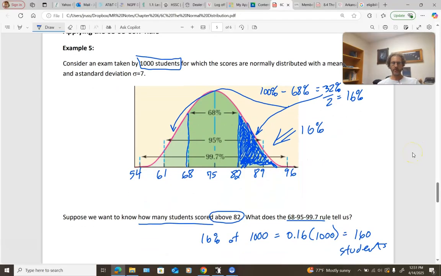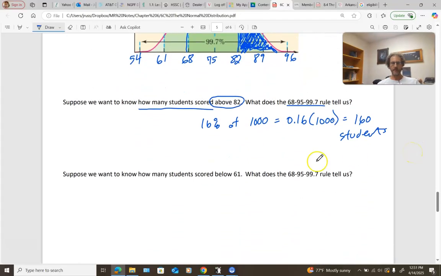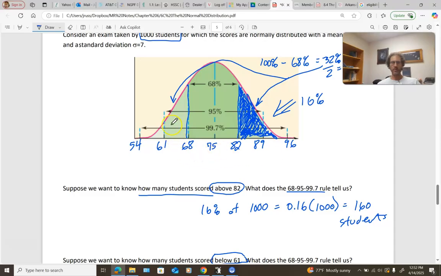All right, there's a second part to this question. Suppose we want to know how many students scored below 61. Okay? Well, we're going to have to do something very similar, guys. Below 61 would be right here and to the left. So we'd have to try to figure out how much area is in that little tail.